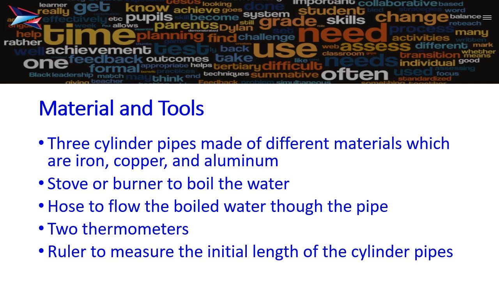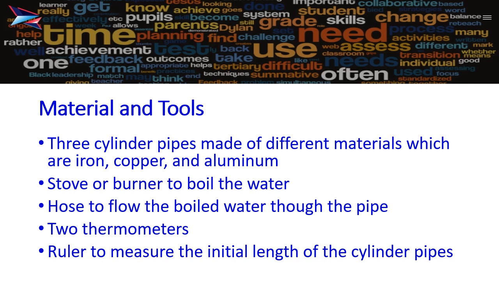So it's pretty much enough. You're just taking the average between the temperature of your boiled water and the temperature measured on the thermometer at the other end of your pipes.